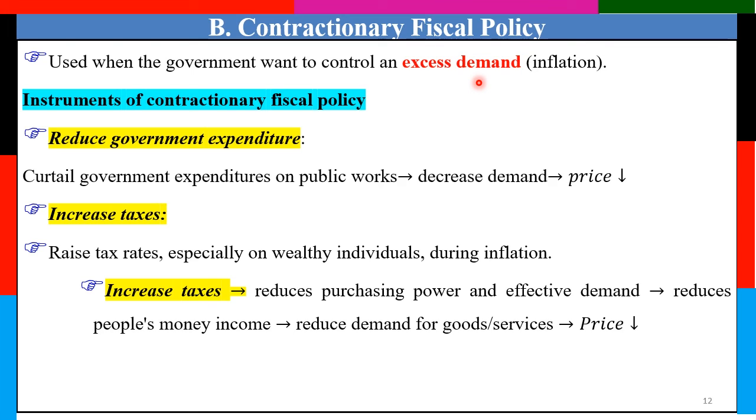The second instrument for contractionary fiscal policy is to increase the tax. The government should increase the level of the tax, raise tax rates, especially on wealthy individuals during the inflation. That means increased tax implies reduced purchasing power and effective demand. A decrease in purchasing power means reduced money income of the people.